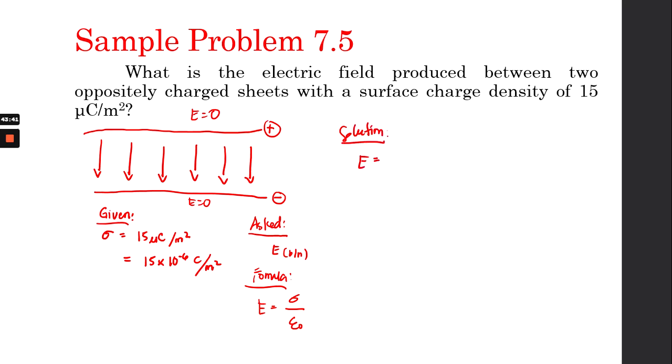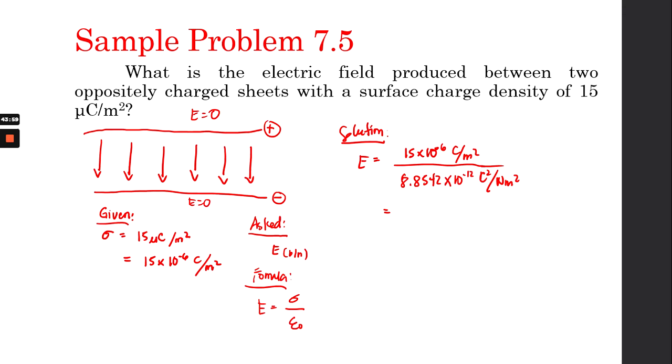So, solution. E is equal to 15 times 10 raised to negative 6 coulombs per meter squared divided by 8.8542 times 10 raised to negative 12 coulombs squared per newton meter squared.